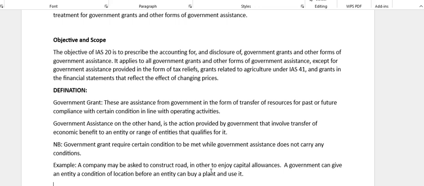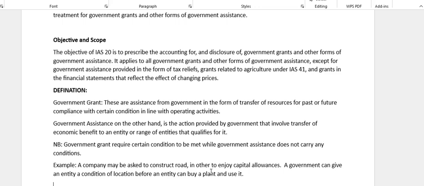So by and large, when we're talking about government grant or government assistance, as it were, the difference between the two is that government grant requires that you meet certain conditions, whereas government assistance does not necessarily need you to meet those conditions for you to enjoy or receive it. That is just the difference.